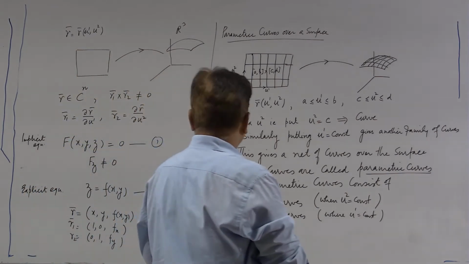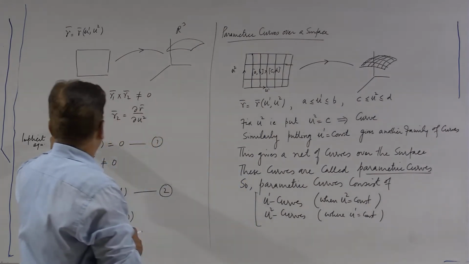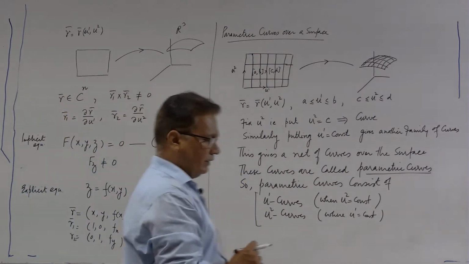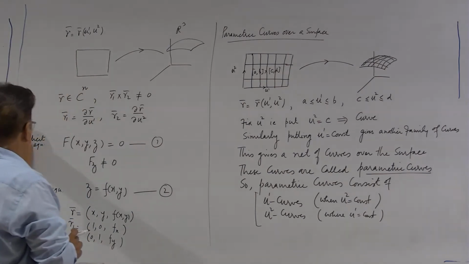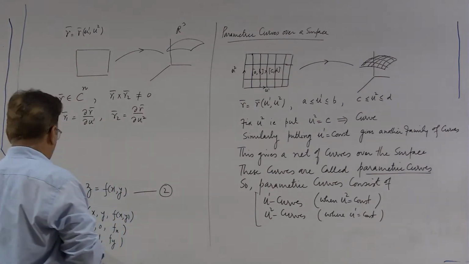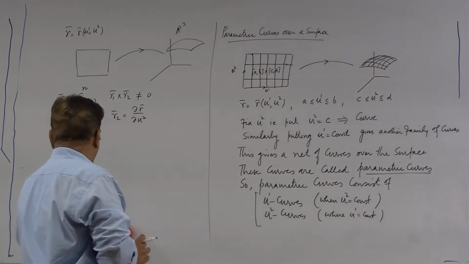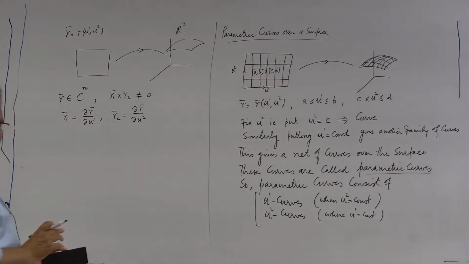Okay. Now, look at these R1 and R2 once again. If you want to see what R1 is, you can reply that R1 is nothing but the tangent vector to the U1 curve.